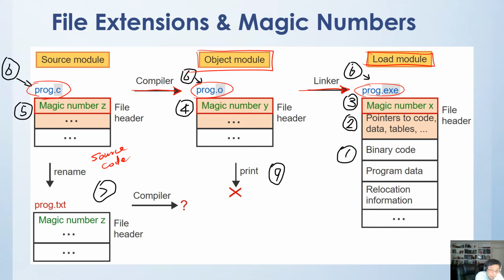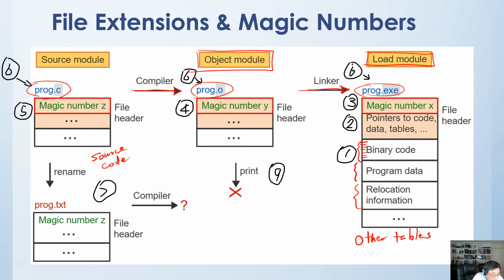So the loader module was produced by a linker from the object module. When you look at the loader module, you can see the binary code which contains the instructions that are going to execute this program, and then you have program data and relocation information and other related tables.